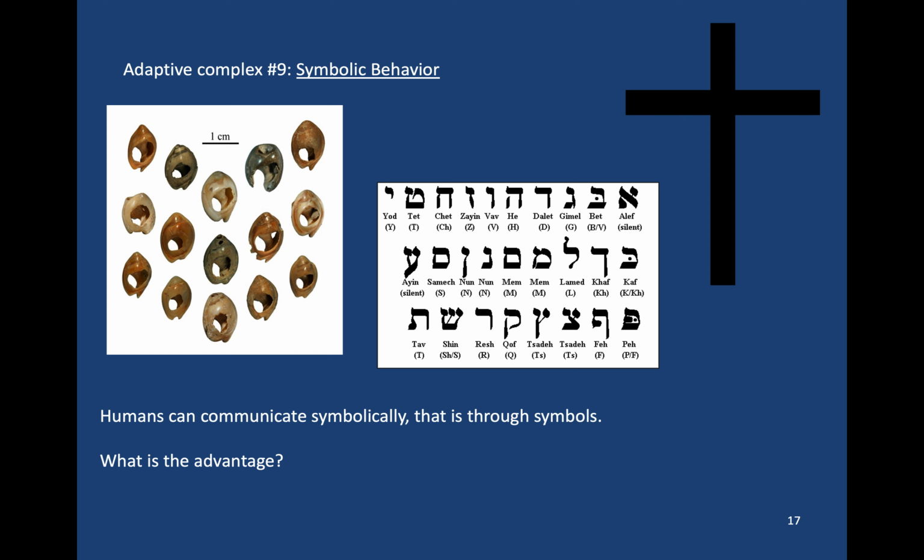And of course, the ultimate example of symbolic behavior is language. And culture is what that language is, but all humans have the ability to use language. And what we have here are symbols. These are just symbols. They don't mean anything in and of themselves. They're just lines put together in such a way that we've attached meaning to them. And this is just an example in Hebrew because it's Hanukkah. I threw Hebrew in there, but any language would do. Just look at the alphabet. 26 letters, but they're just random shapes. But we have attached meaning to them.